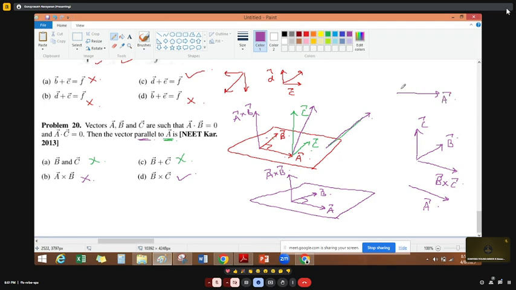If I am drawing A here and B here, obviously I don't know where to draw A cross B. A cross B is actually coming towards your face, right? Coming out of the paper. Then it becomes a little bit difficult for you to imagine. So this is a good trick. Always, in three-dimensional space, make an XY plane and then show the Z like this. Is that okay? Important trick. Three-dimensional tricks are important.